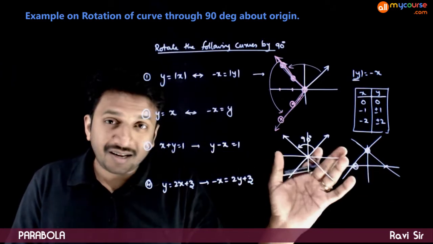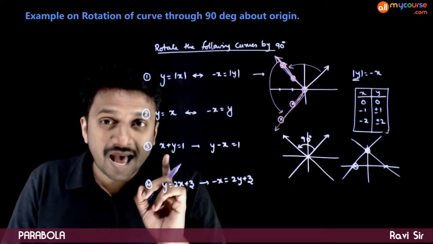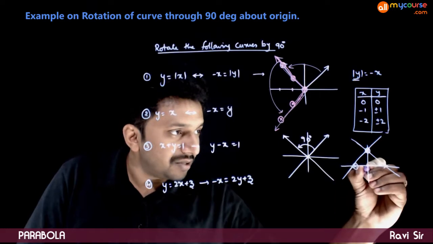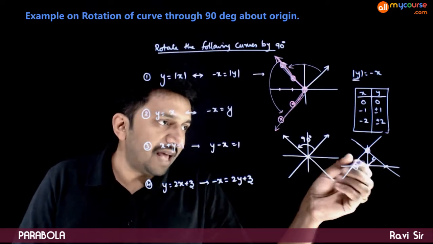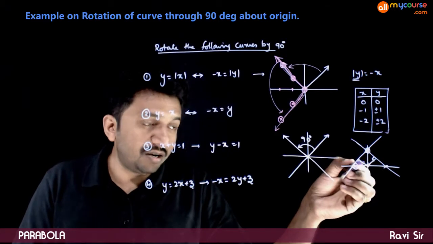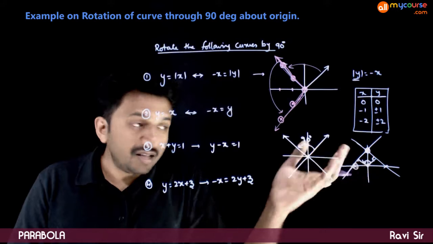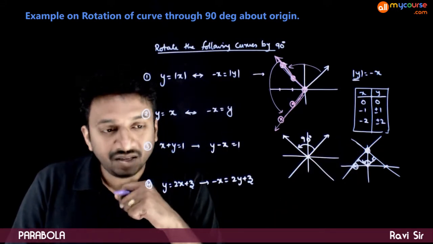So do you see that the rotation has happened? You need to understand that the rotation happens about origin, about this point. So take an axle like this and you can see that the axle has been rotated through 90 degrees. The curve has rotated about origin through 90 degrees.